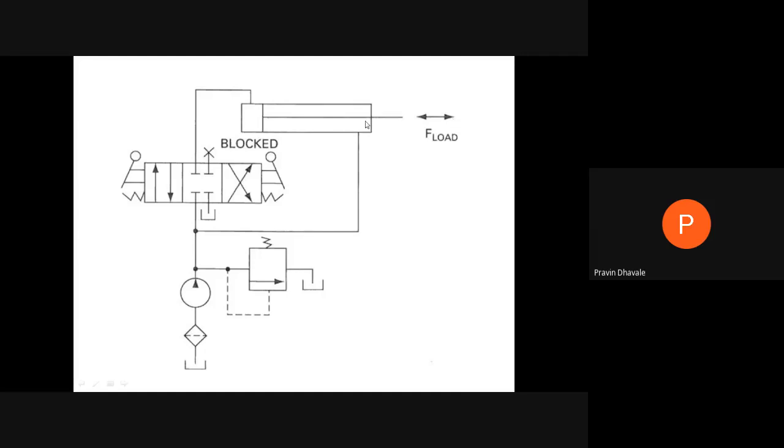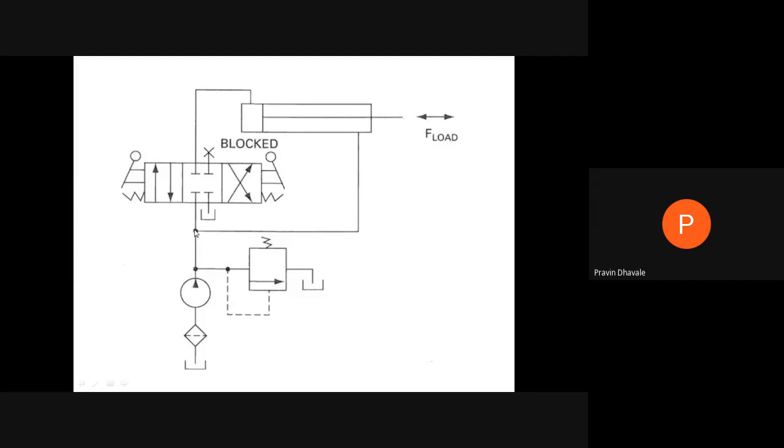Due to the right hand movement of the piston, the fluid present on the rod end side of the piston comes through port B. Instead of being directly drained to the reservoir, that fluid coming from the rod end of the cylinder is again combined with the fluid coming from the pump.